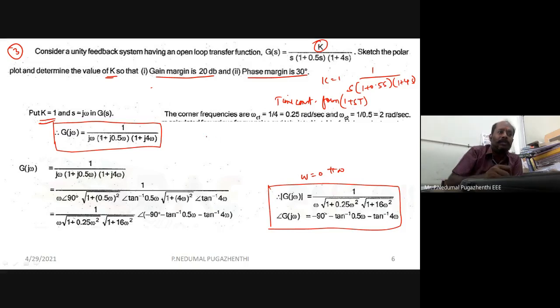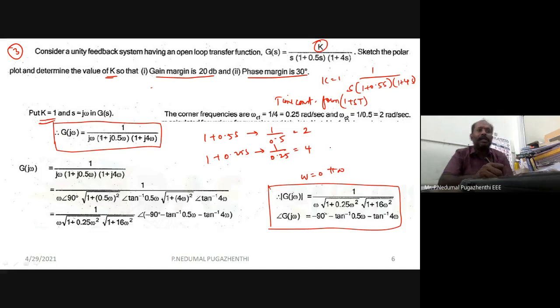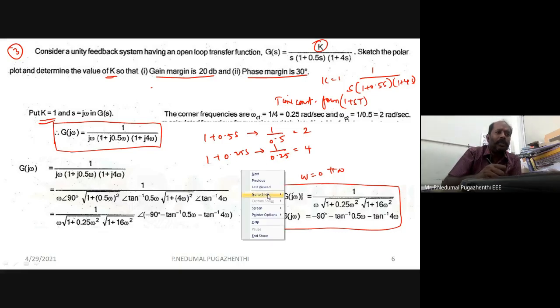What are my corner frequencies? 1 plus 0.5 s: 1 by 0.5 is equal to 2. 1 plus 4s: 1 by 4. Sorry, it is not 1 by 0.25, it is 1 by 4. Let me correct it.